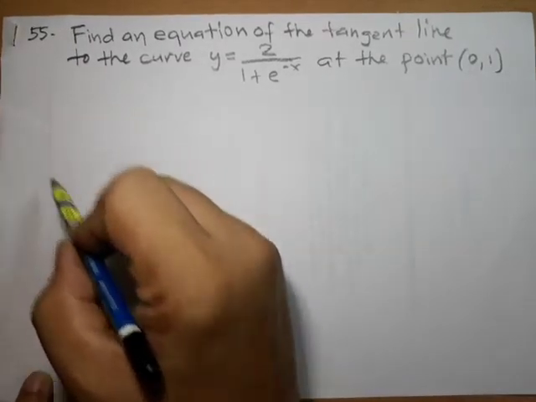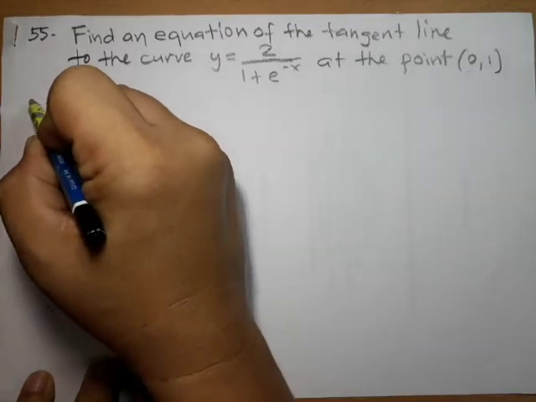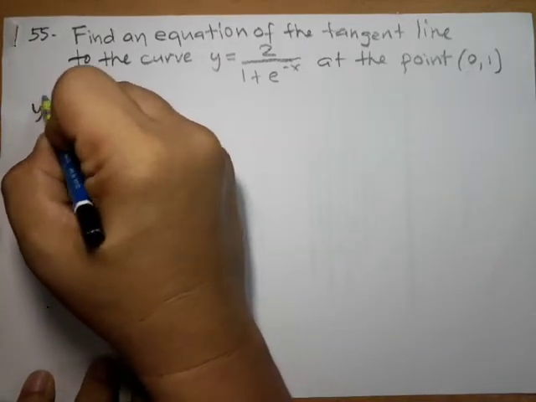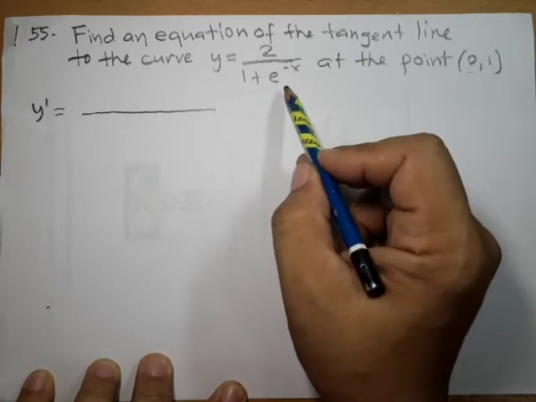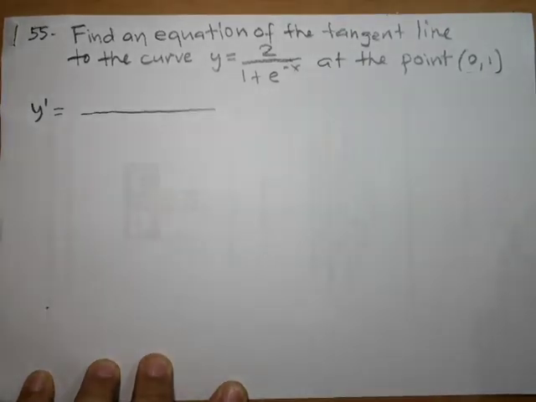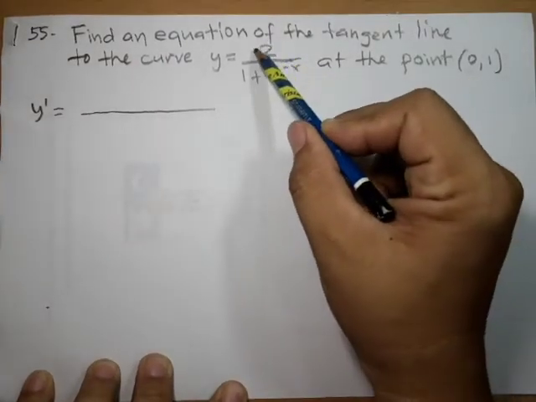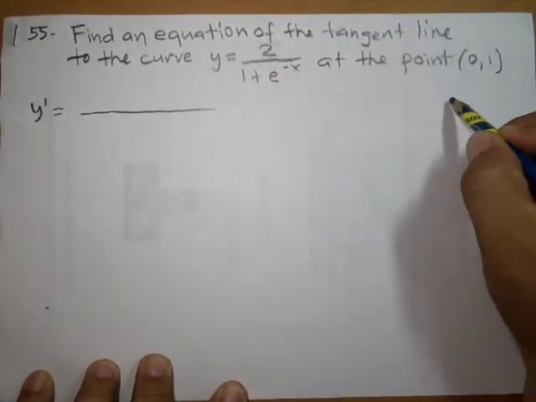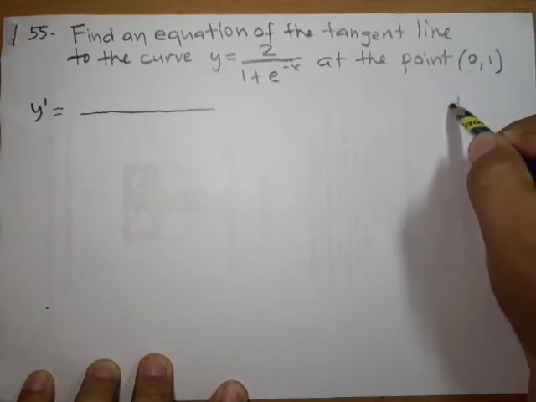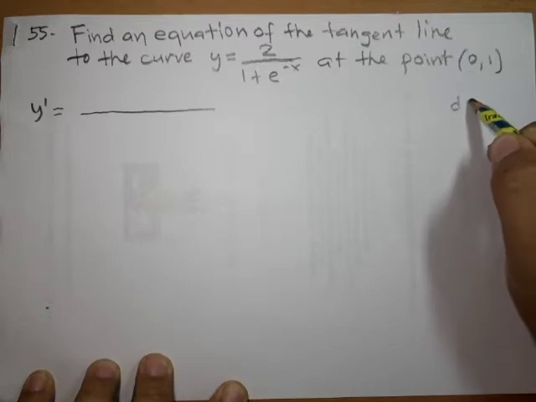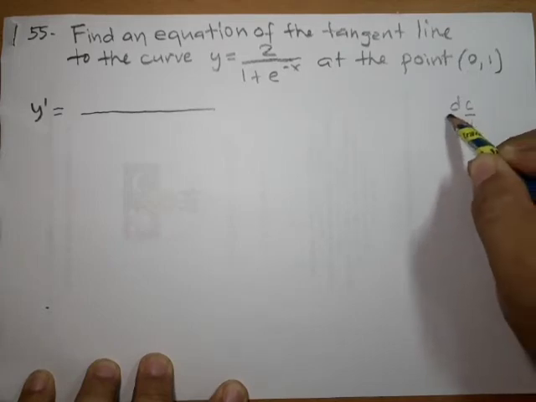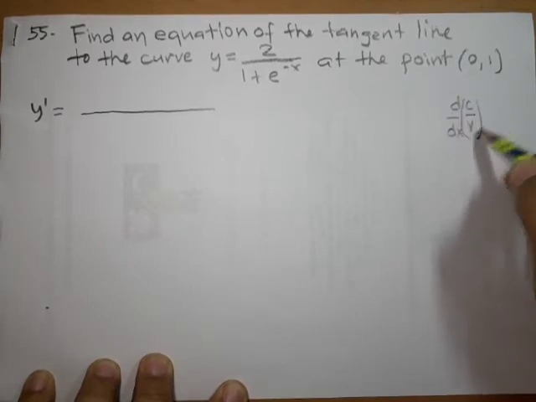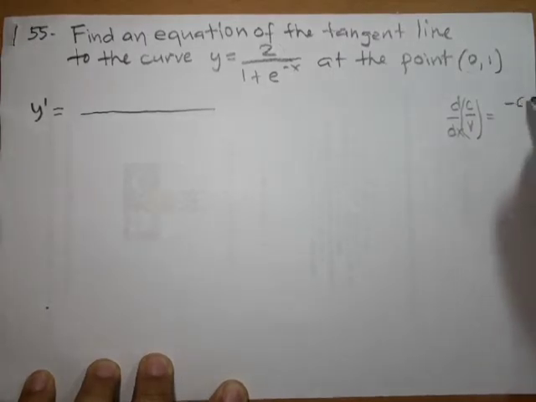Okay, so y prime is equal to, this is a quotient, but there is a shorter formula related to the quotient, especially if the numerator is constant, and that is the derivative of a constant over a quotient: d/dx of c over v is equal to negative c dv over v squared.